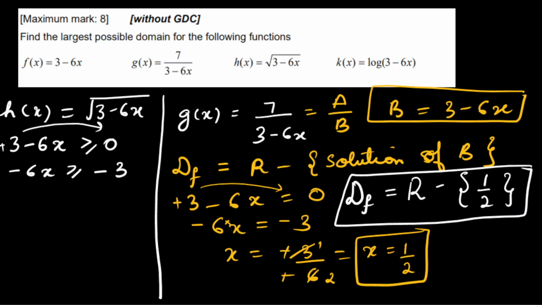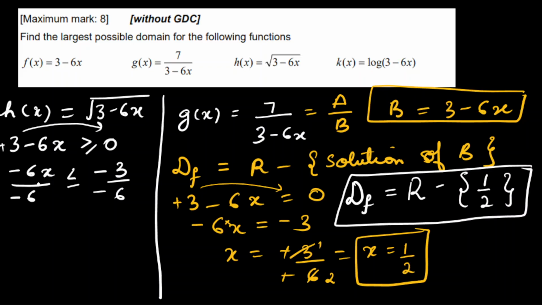Positive 3, when we shift it to the other side, becomes negative 3. Now I have to shift negative 6 to the other side. In the case of inequations, you have to remember that when a negative number is with the variable and you are dividing both sides by it, you have to reverse the sign of the inequality.